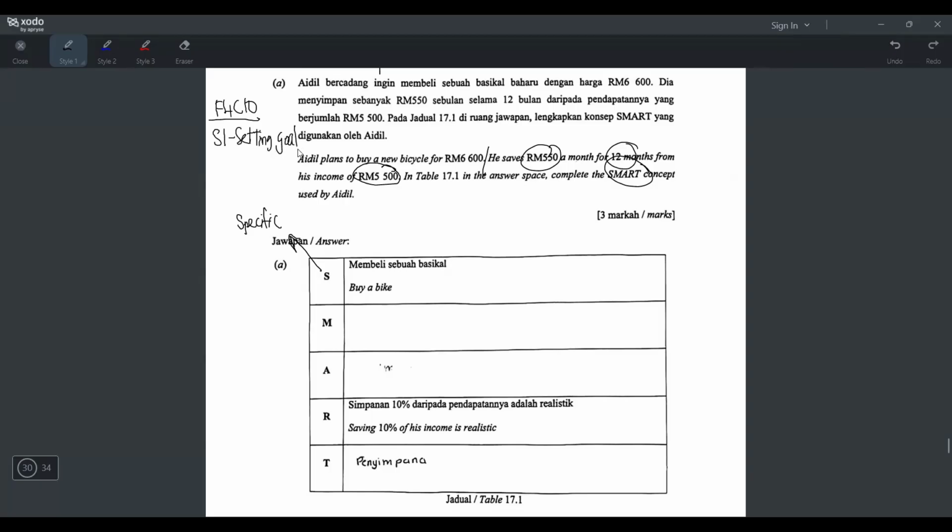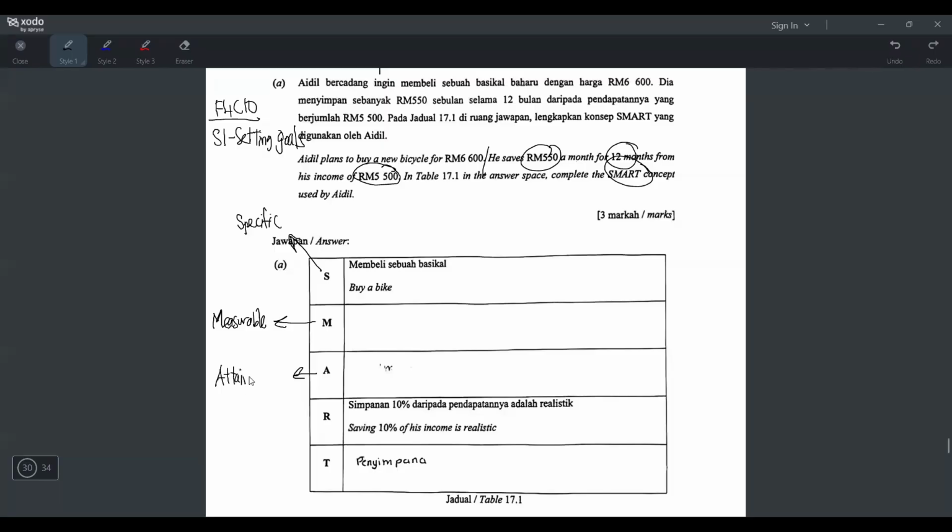For financial management, there are many steps. The first step is to set your goals, and you can set your goals using this SMART concept. S stands for specific. Your goal has to be specific, it has to be measurable, and it has to be attainable.